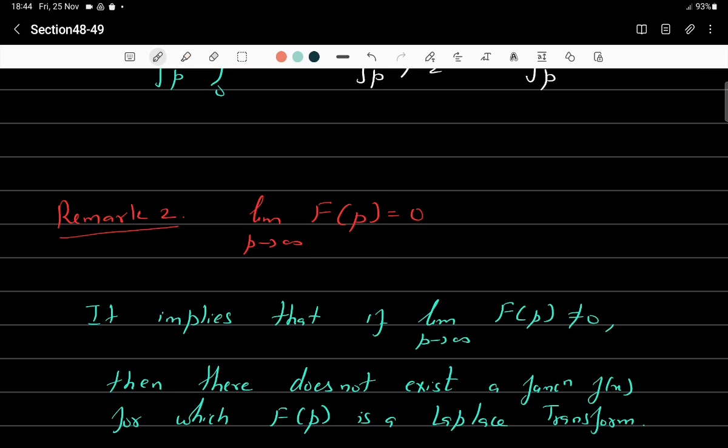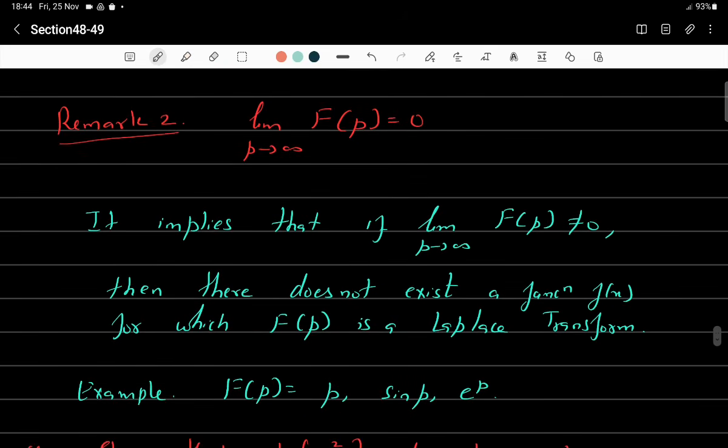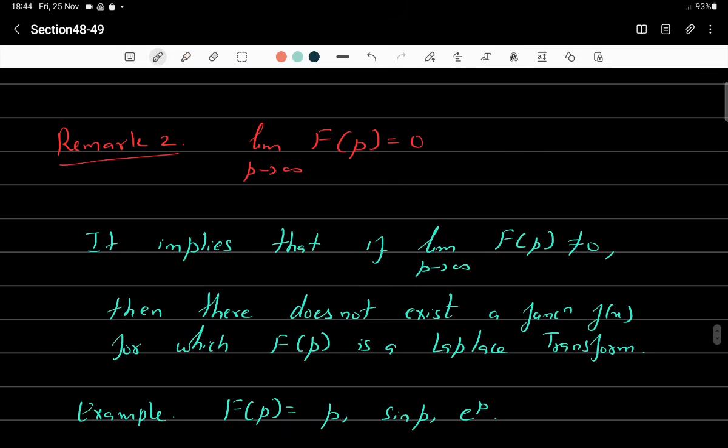For example, if you consider f of p to be p, sine p, e raised to the power p and so on, for all of them the limit as p tends to infinity of f of p is not equal to 0, it means they are not the Laplace transform of any function.